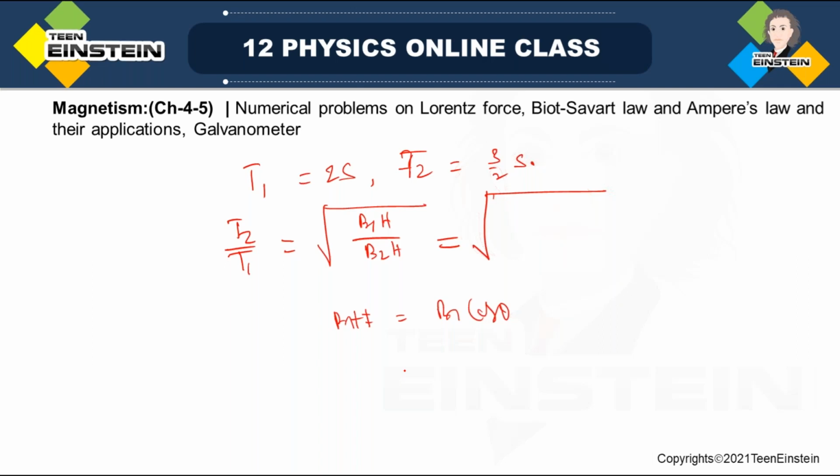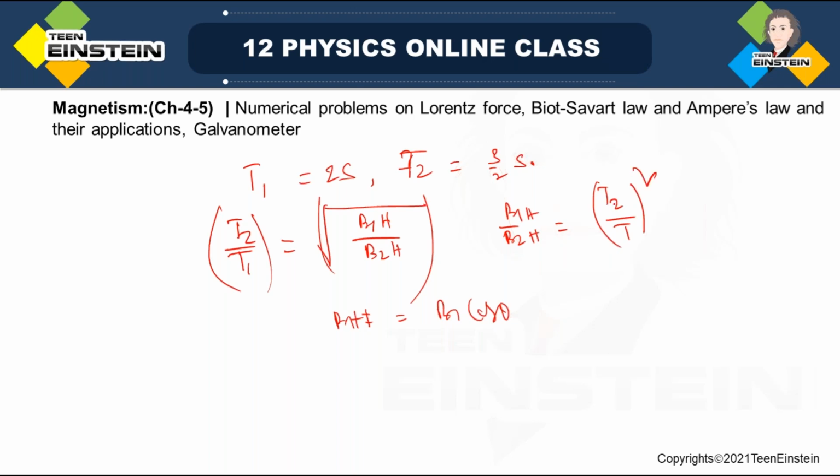Here theta is 45 degrees, and for the other case 30 degrees. So if we put this here, let's make it square on both sides, because we need to get B1 by B2 only.